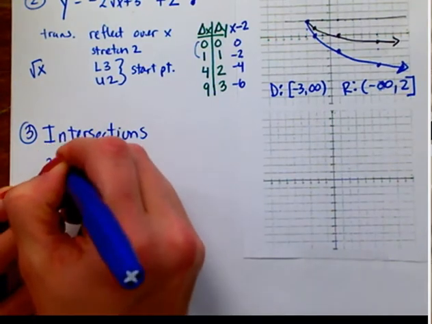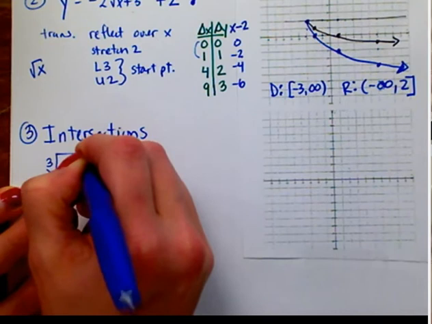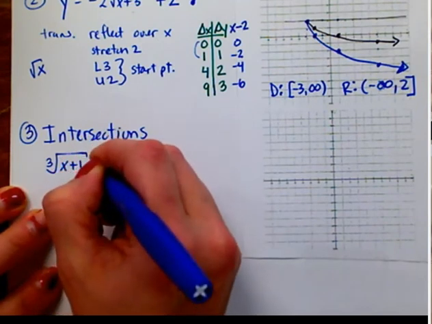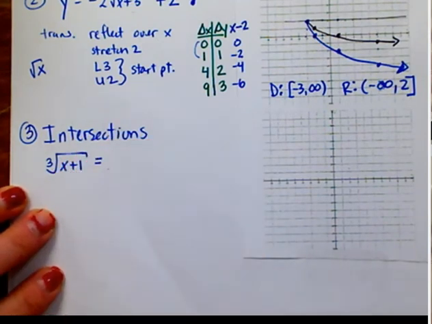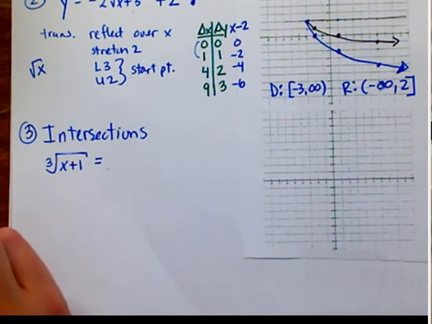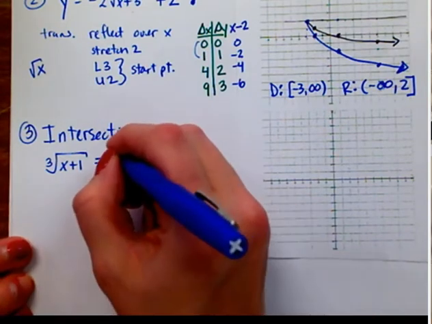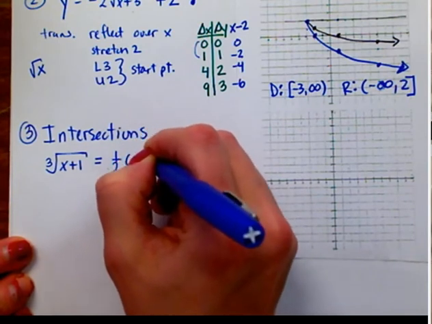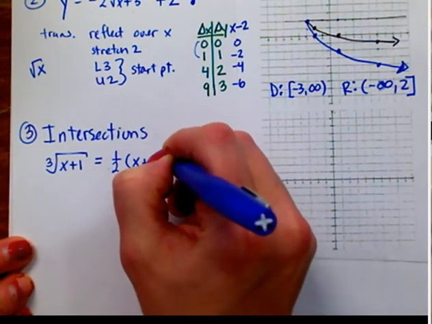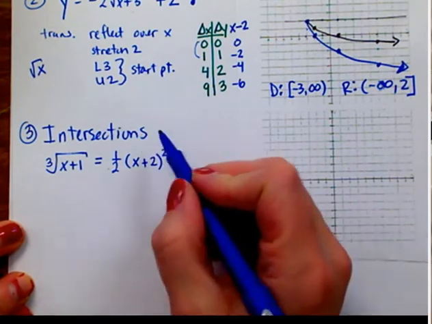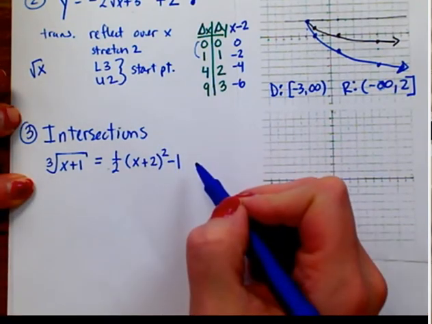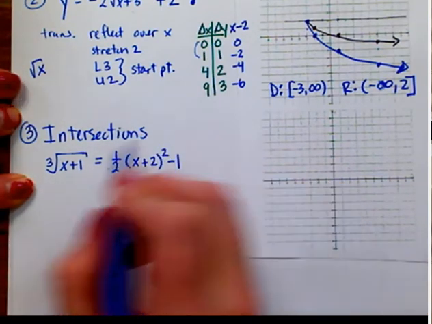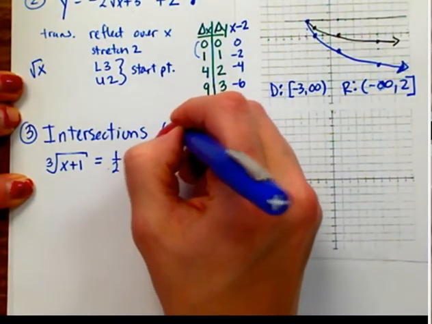Cube root x plus 1, and equals, this is a little tricky, guys, hold on. Let's make this equal to 1/2 quantity x plus 2 squared minus 1. Now, this is an equation. Notice that it's not y equals, and we would say solve.